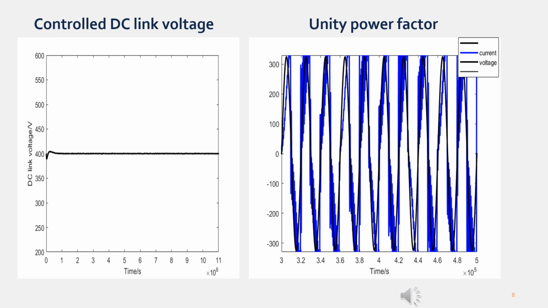This one was taken from the input side, and this makes the active rectifier a very reliable option to go for, because even when you go for diode rectifiers, there is a lot of voltage drop across the diode, so you have a lot of losses. But for this one, you don't have any loss. You also don't have any issue related to commutation.